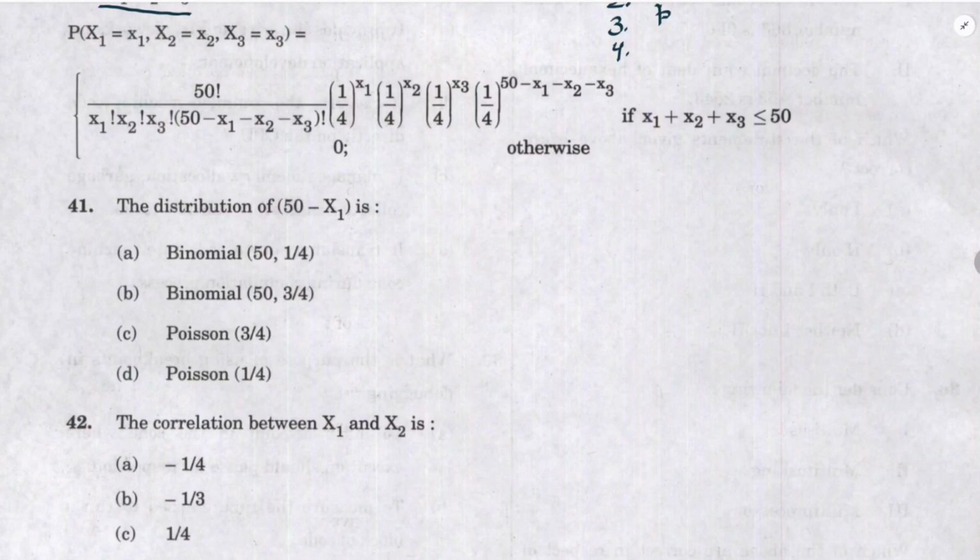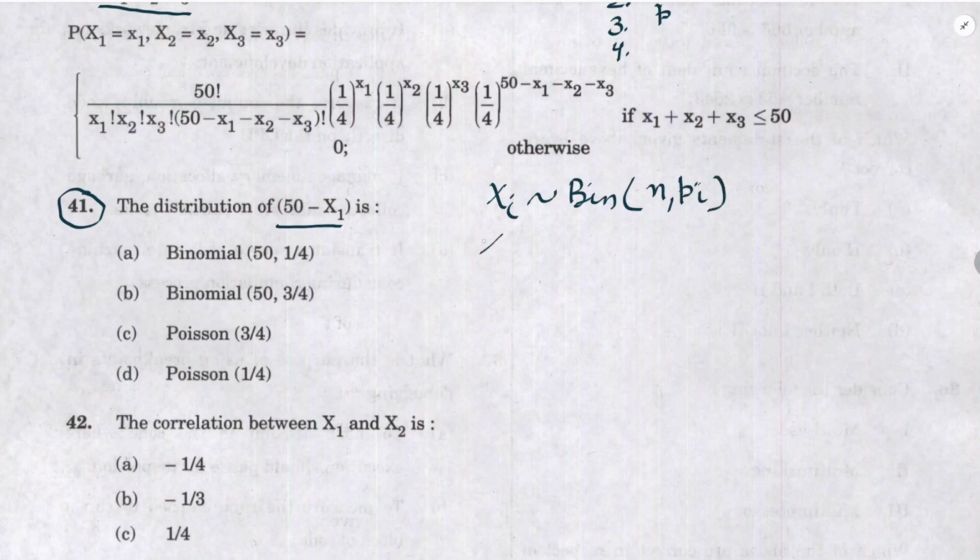Question number 41. The distribution of 50 minus x1 is. To calculate the distribution of 50 minus x1, let us calculate the distribution of x1 first. In case of multinomial distribution, the marginal distribution of xi follows binomial distribution with parameters n and probability pi.